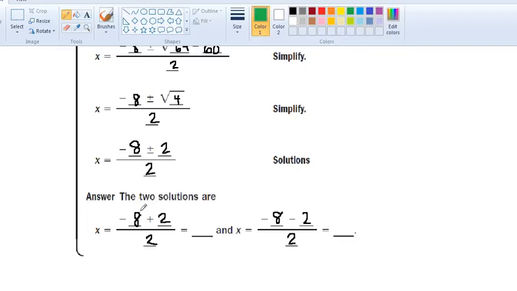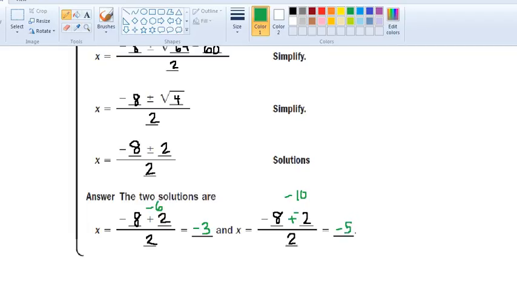This is negative 8 plus 2, which is negative 6 over 2. So that comes to negative 3. Over here, it's negative 8 minus 2. If you have to, I would always recommend making this into negative 8 plus negative 2 so that you know it's negative 10. And you're going to divide that by 2, and that comes to negative 5.